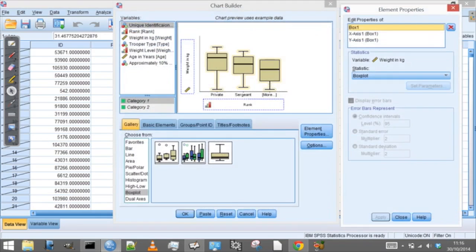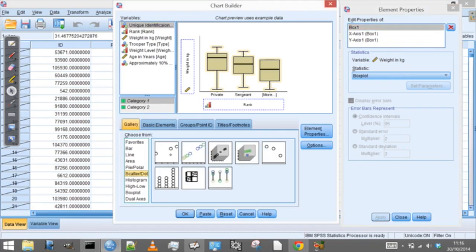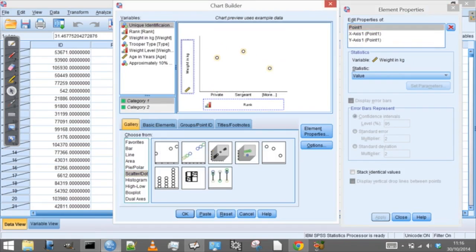And this time, because we have continuous variables on both axes, we are going to look at a scatter plot. When questioned as to what the appropriate way is to visualize the relationship between two continuous variables, you may well excitedly say a scatter plot would be a good way to do this.